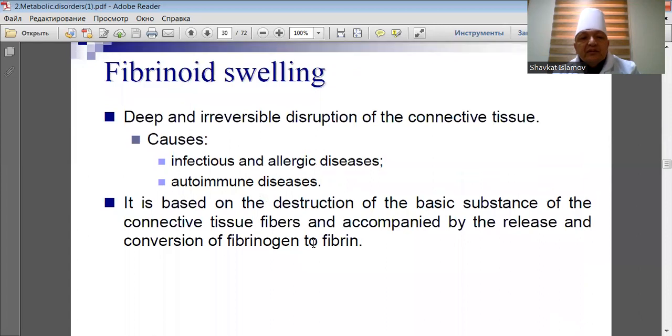Fibrinoid swelling is a deep, irreversible destruction of the connective tissue. Causes are infectious and allergic diseases and autoimmune disease. It is based on the destruction of the ground substance and connective tissue fibers, accompanied by the release and conversion of fibrinogen to fibrin.